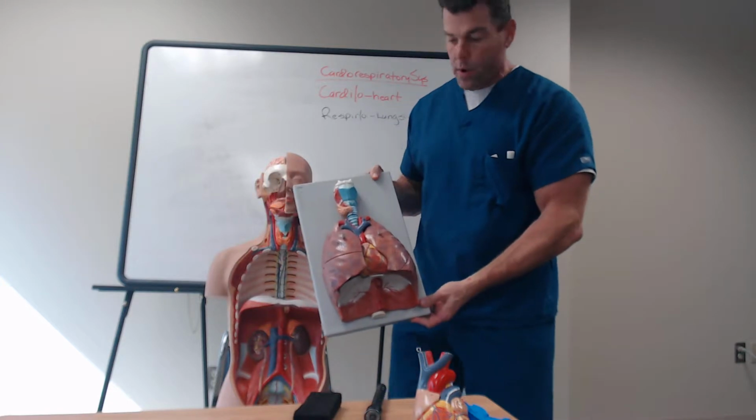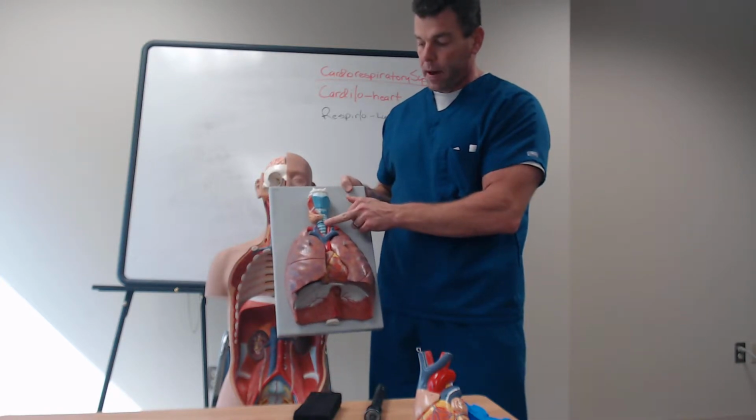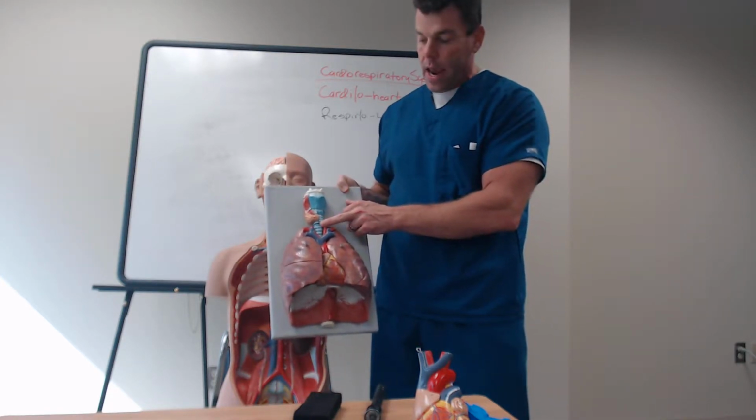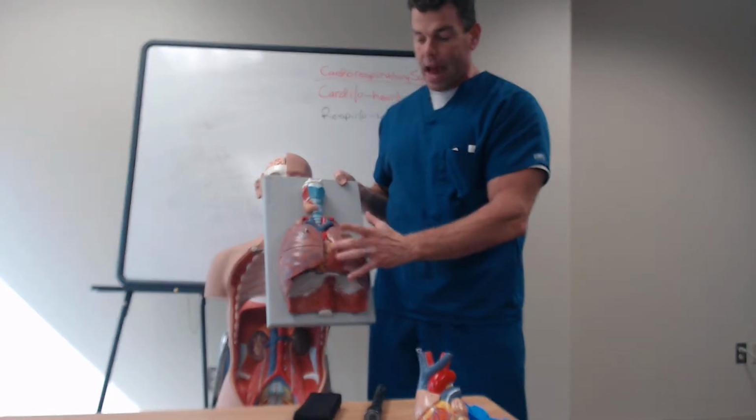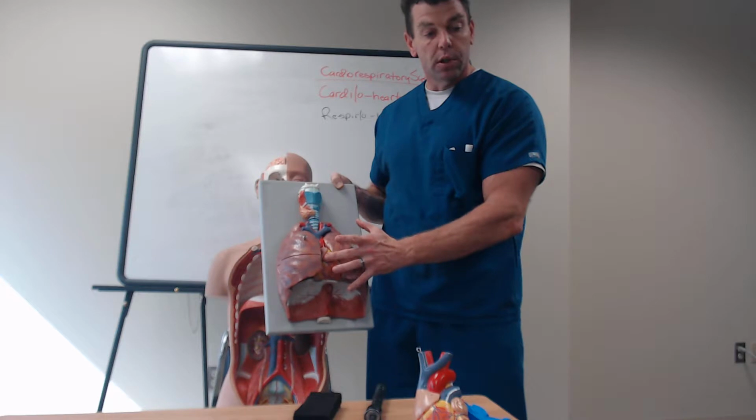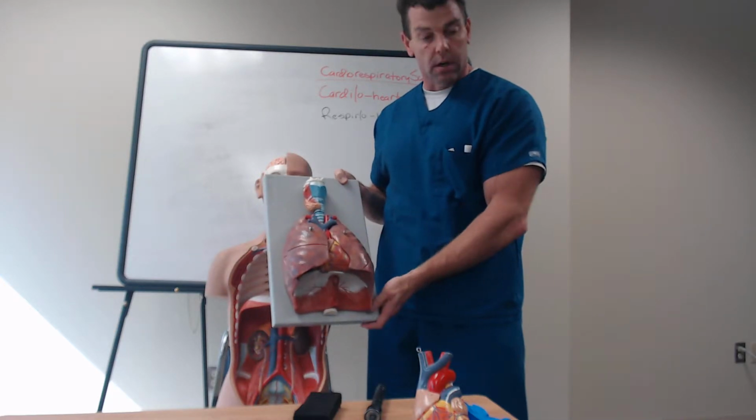And here we have a model that shows the windpipe, the trachea, and how it is going to lead to the lungs. And we can see how the heart is absolutely surrounded by the lungs.